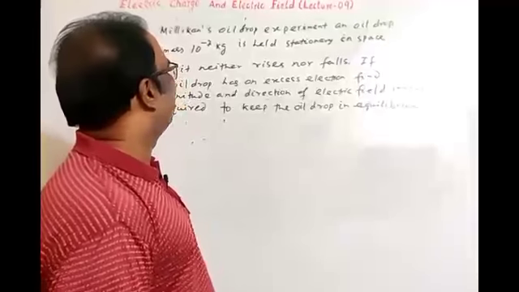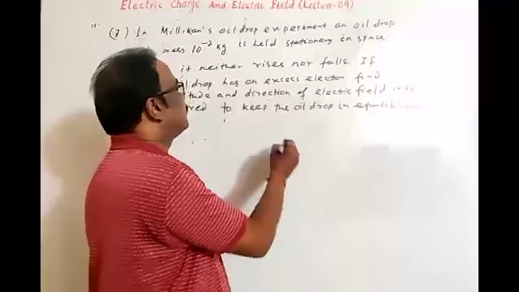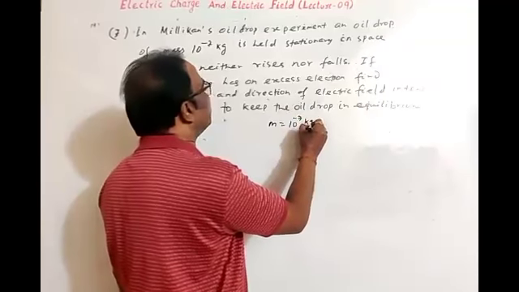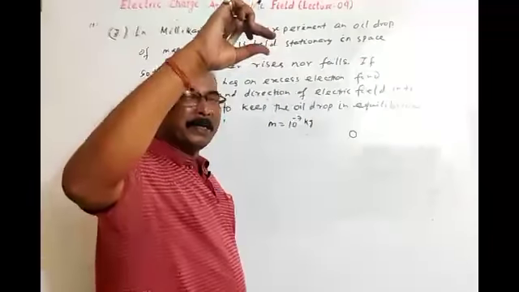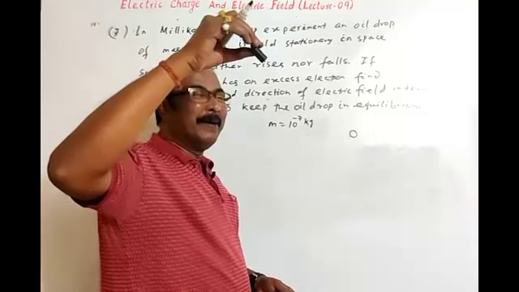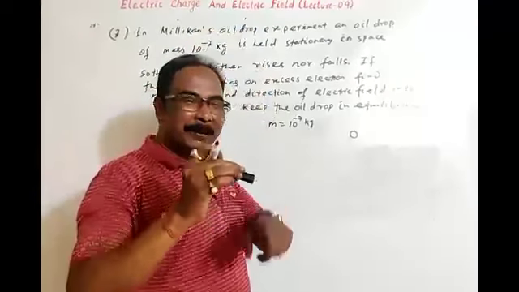In Millikan's oil drop experiment, an oil drop of mass 10 to the power minus 7 kg is held stationary in space. This is space. If I hold an oil drop and release it, then it will obviously fall down.